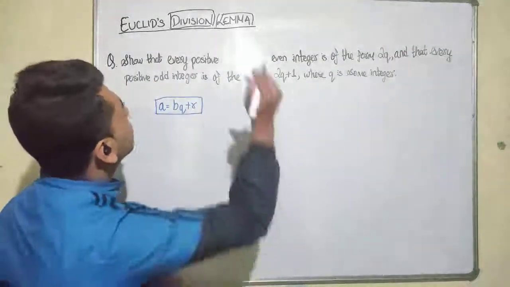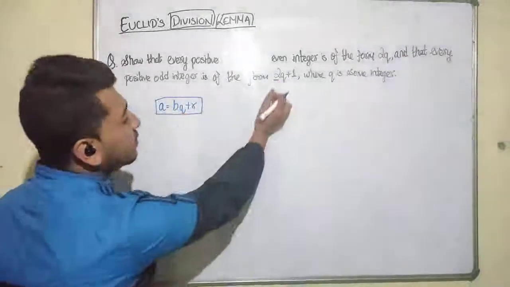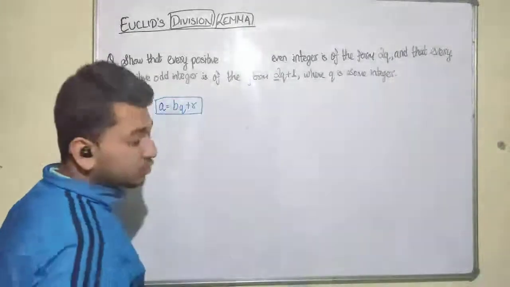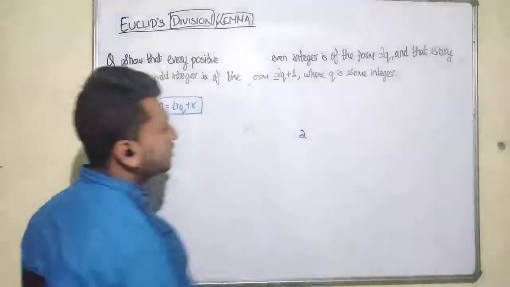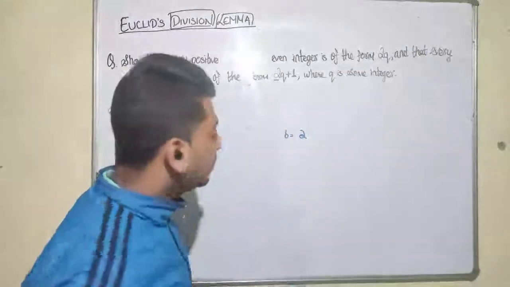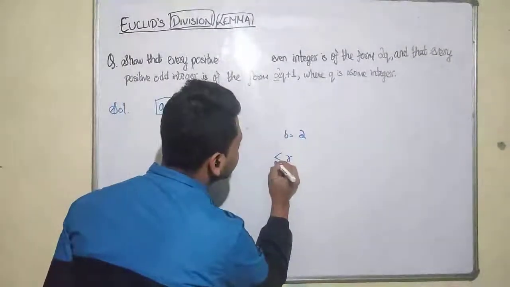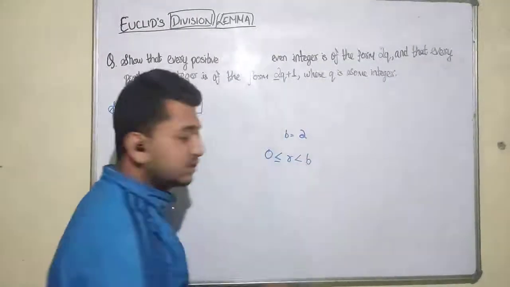In the question, for b we have 2, so b is equal to 2. We know that r is greater than or equal to 0 and smaller than b.